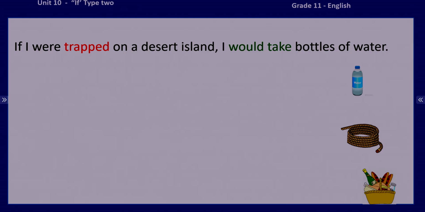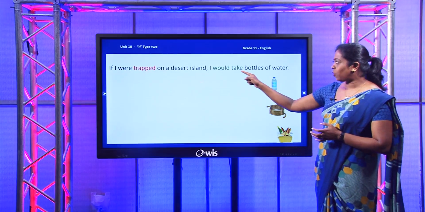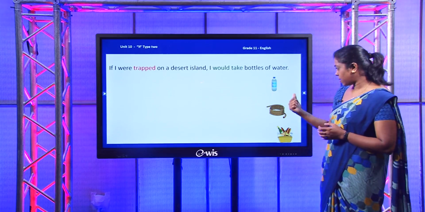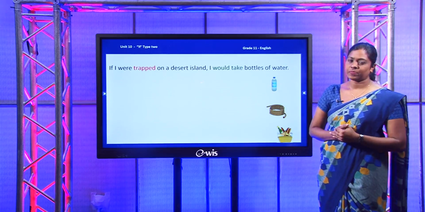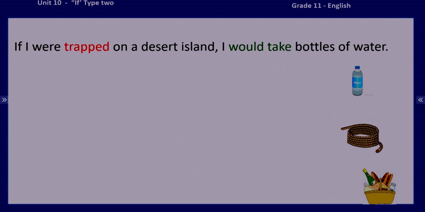Right? Look at these two pictures. See what else I have chosen from the box. See whether you can make your own sentences following the structure and based on these pictures. Right? Give it a try, please.